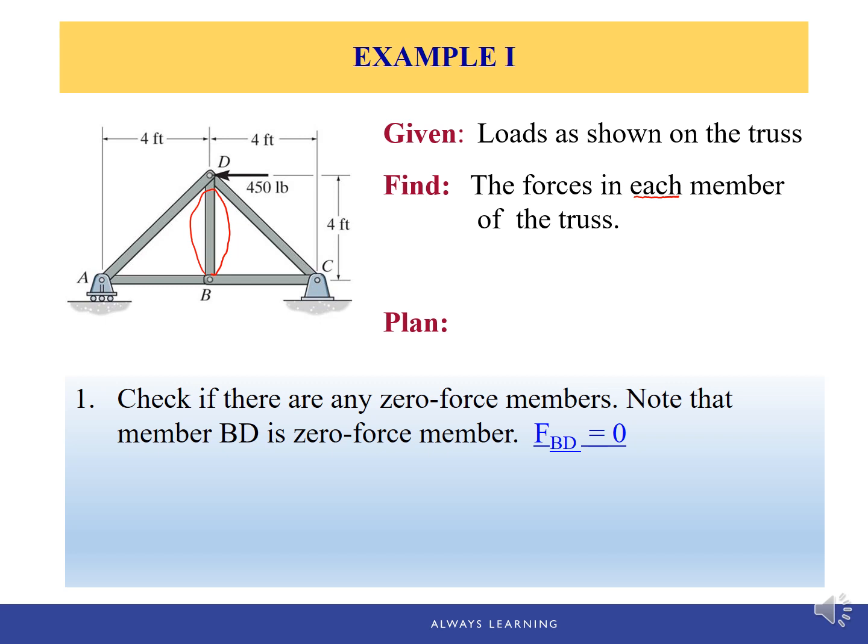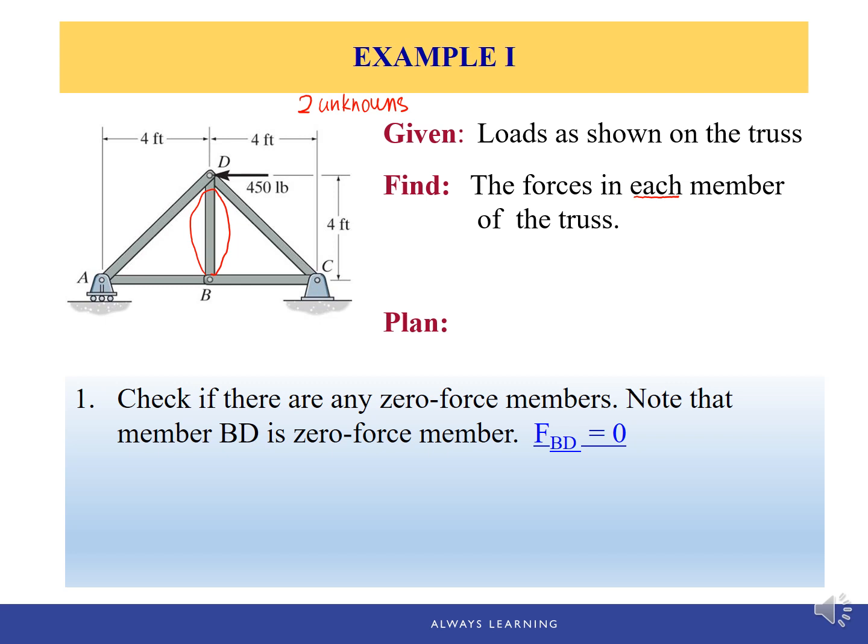And now we can think about which joint to start with. Keep in mind, we are looking for a maximum of two unknown forces. If we have more than two, then we cannot solve it.